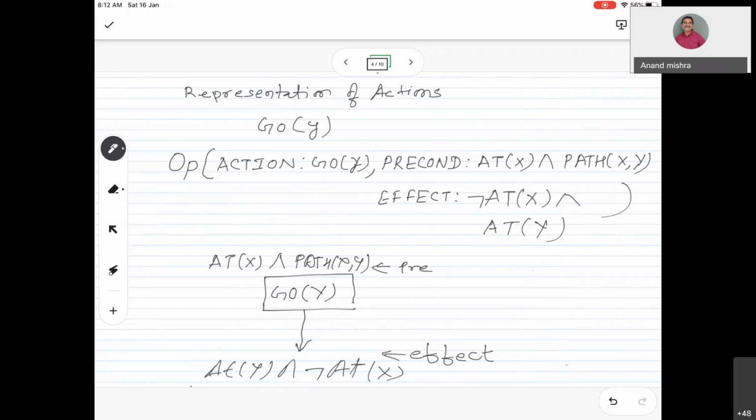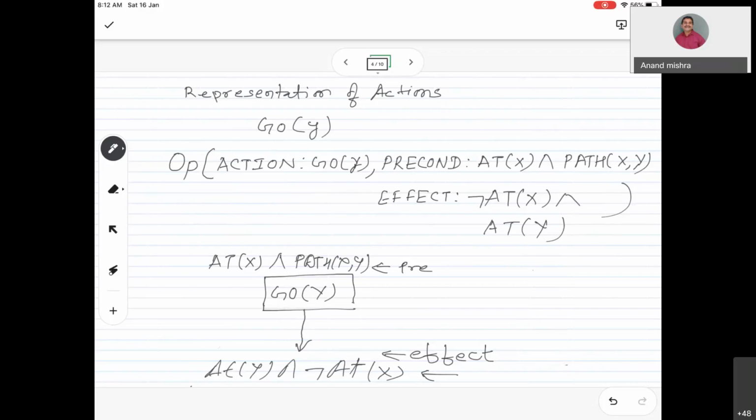When we write the effect, that doesn't mean that the things which we don't write are not true. For example, path XY is still true, but we are not writing it. We don't have to write everything as effect. When you write effect, you mostly talk about what is added and what is deleted.